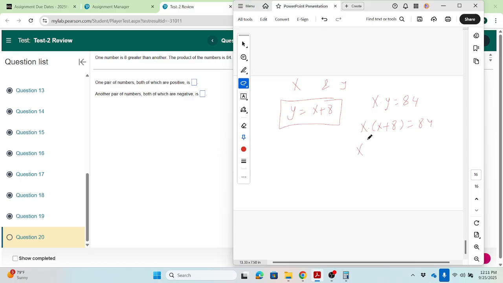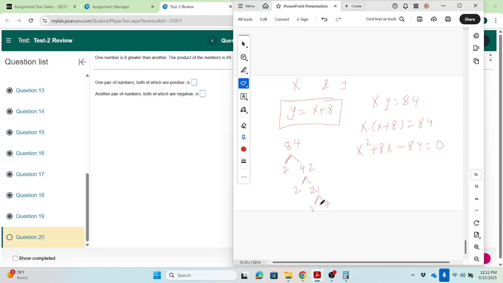So this is x squared plus 8x minus 84 equals 0. So you need to solve this quadratic equation. If you try to find the factors of 84 whose sum is supposed to be 8, 84 is 2 times 2 times 3 times 7.